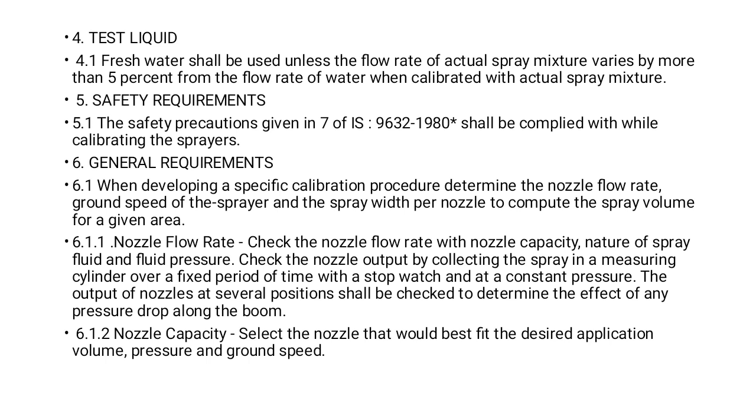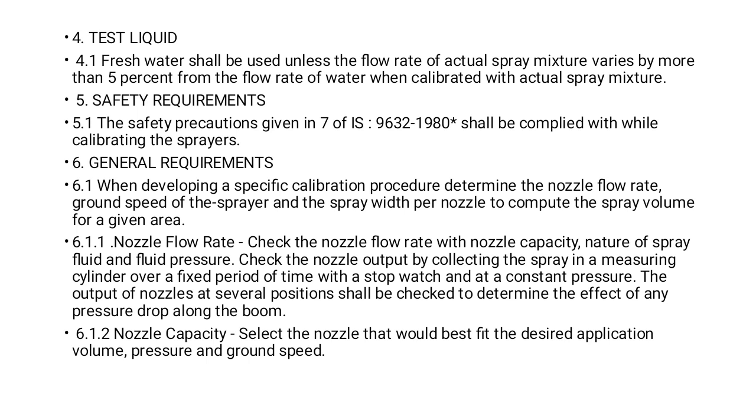Now the general requirement: when developing a specific calibration procedure, determine the nozzle flow rate, ground speed of the sprayer, and the spray width per nozzle to compute the spray volume for a given area. Then nozzle flow rate: check the nozzle flow rate with nozzle capacity, nature of the spray fluid and pressure.